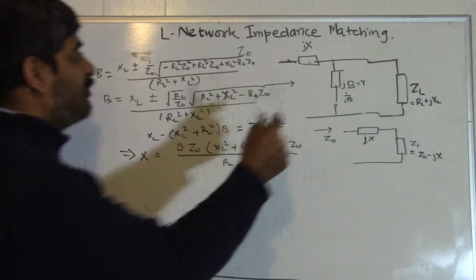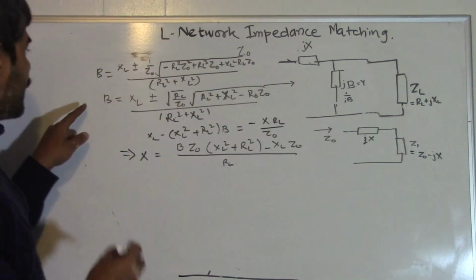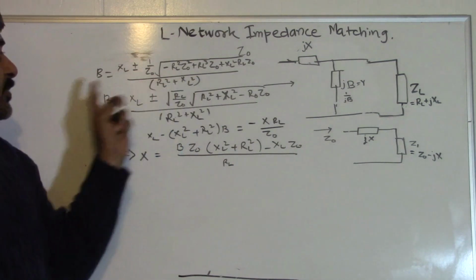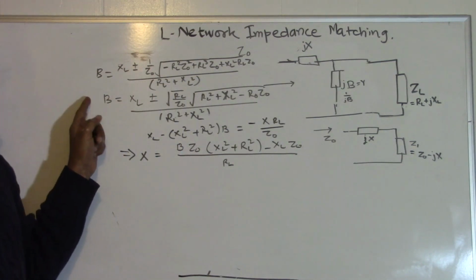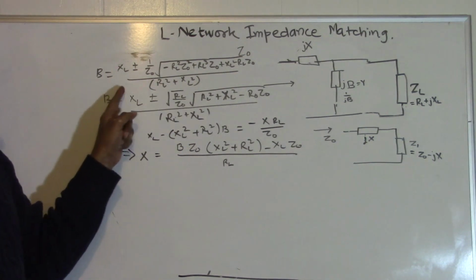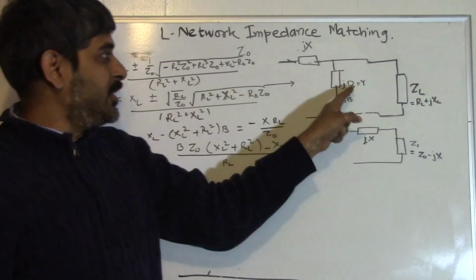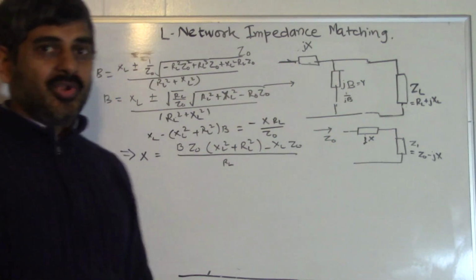Before we go on, the condition that we derived is that B has to be a reactive element. What does that mean? That means that B must be real. B cannot be imaginary, because if B is imaginary, then its multiplication with J will give us a real element.